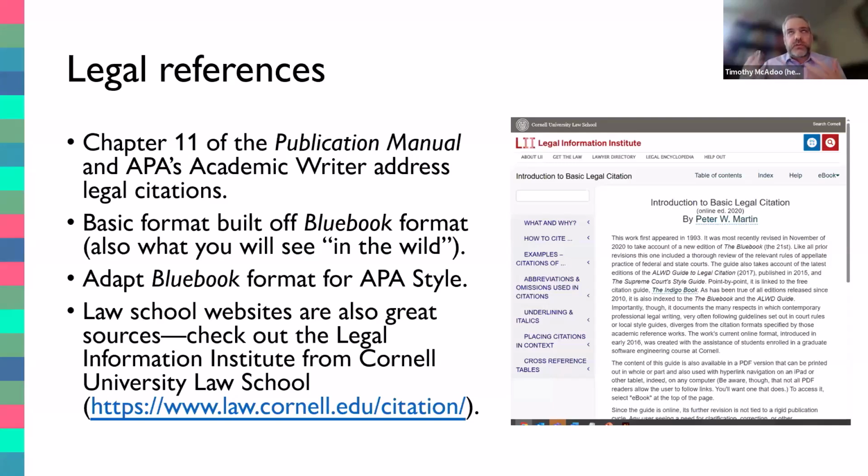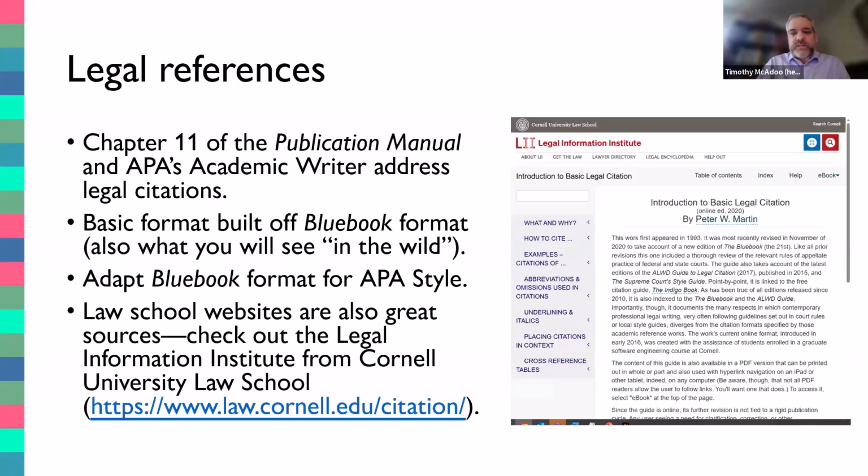So you're usually good to just use what you find out there in the wild. One addition in the APA style version is that we allow for a URL at the end, which makes the reference a little bit more consistent with APA style references, and it also helps the reader get to your source.